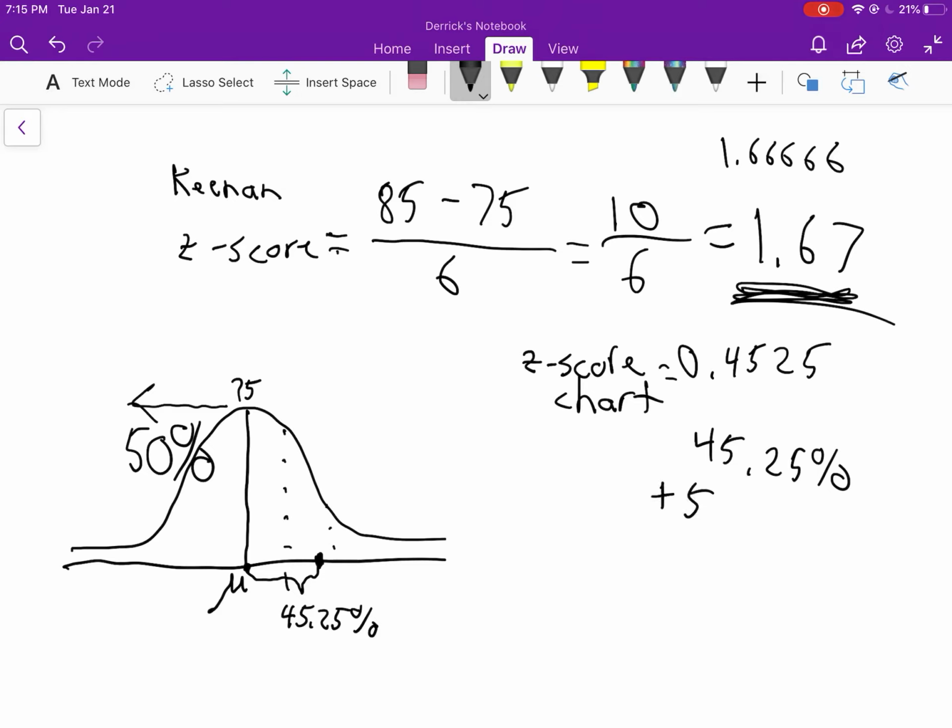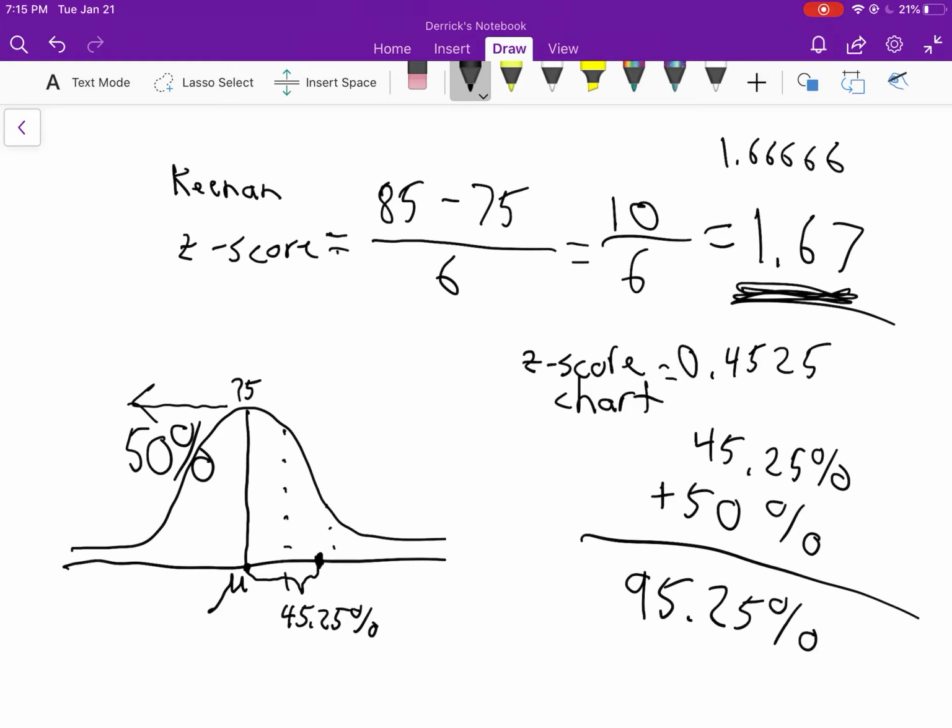We have to add 50% to that. That means he actually scored better than 95.25% of his class if you used the rounded 1.67 as opposed to just 1.6.